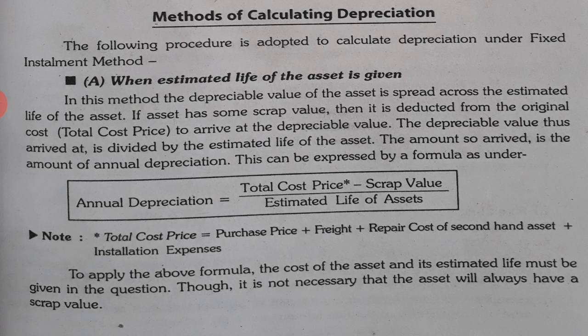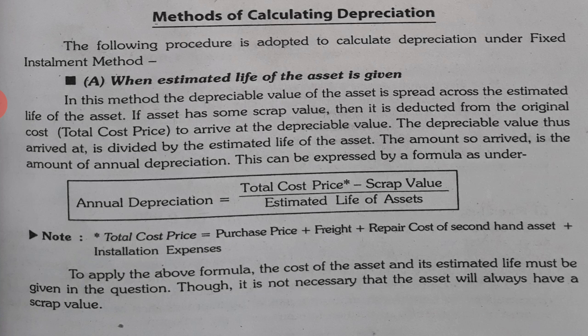Now we shall learn the formula method of finding depreciation in the simple depreciation method, that is the fixed installment method, for which you require three things. First, the actual cost or the original cost of the asset, its scrap value, and estimated life.